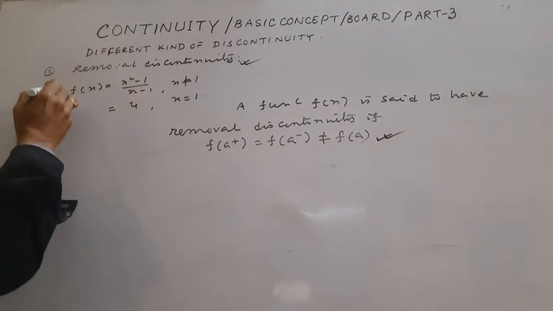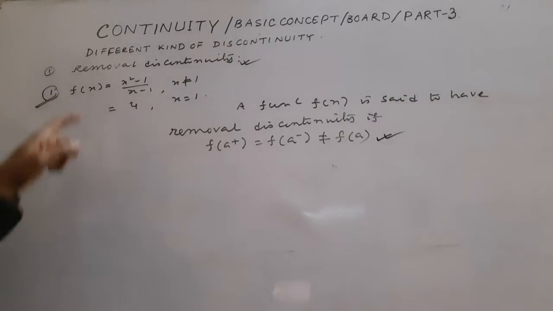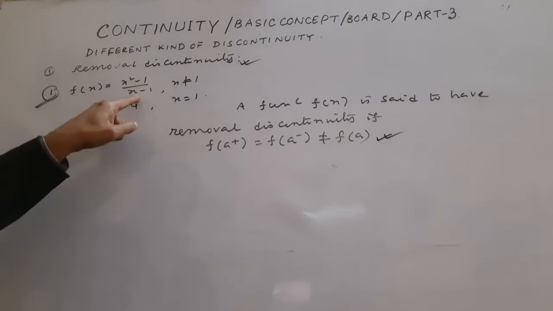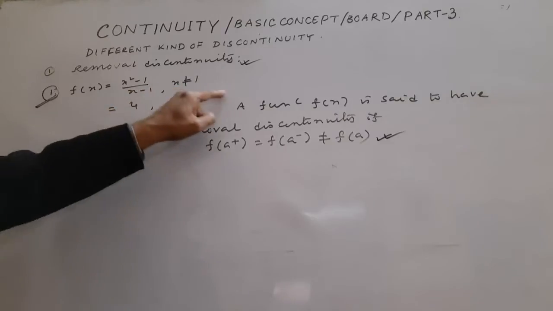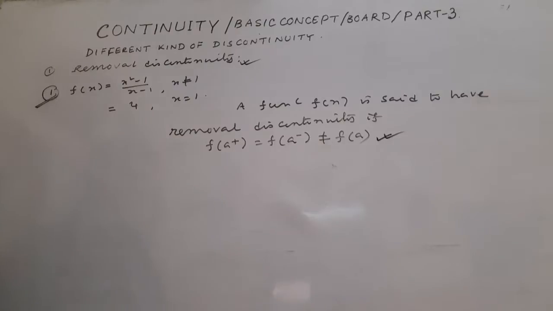So consider one simplest problem. f(x) = (x² - 1)/(x - 1), x ≠ 1, and equals 4 at x = 1.